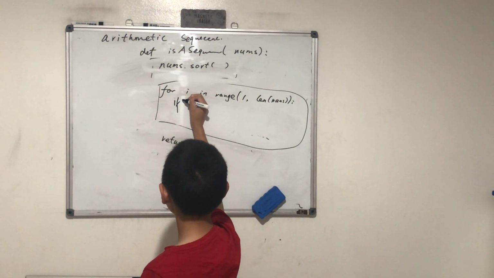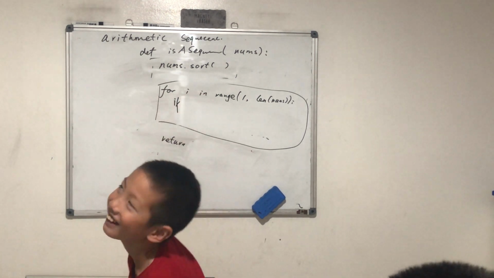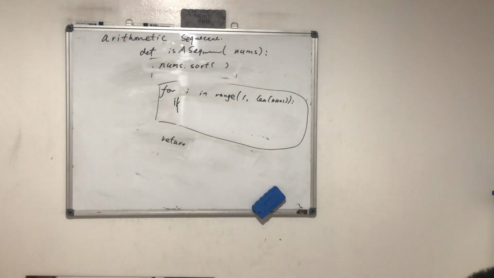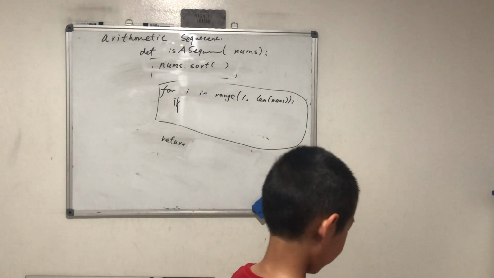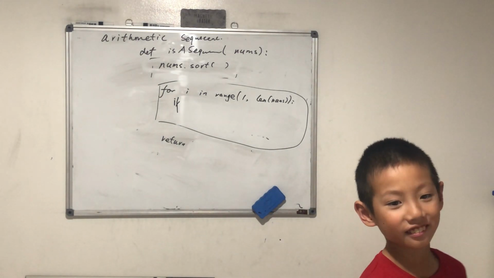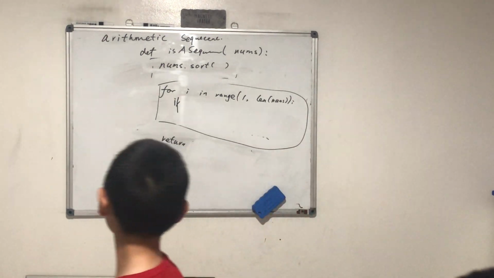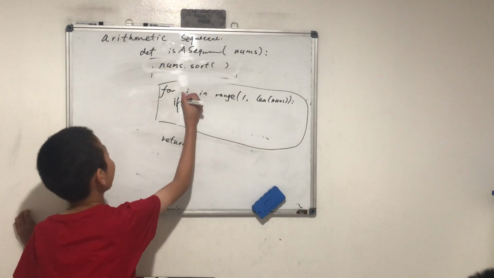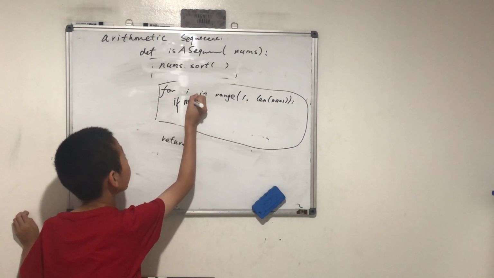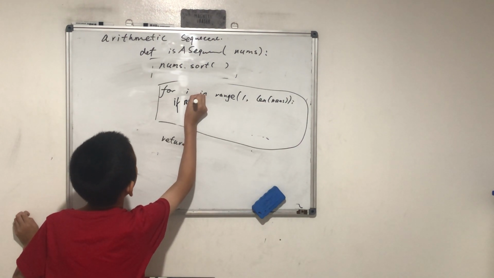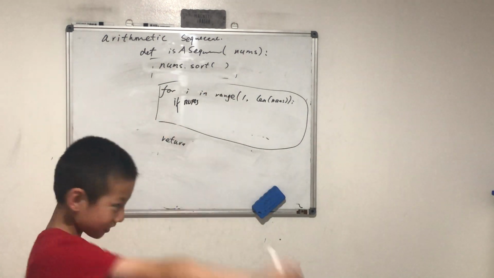I don't know. If what? What are we doing here? Oh, you can put it in a hash set, remember? I don't want to create a hash. You don't want to, okay, then if nums I minus nums I minus 1 not equals what? I'm pretty sure it's 1.